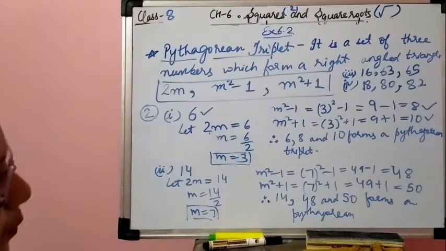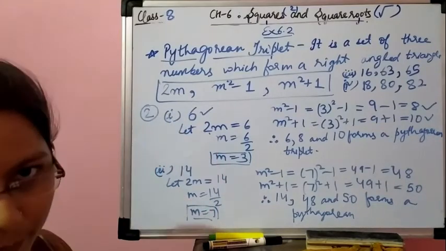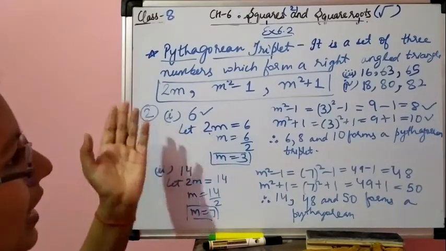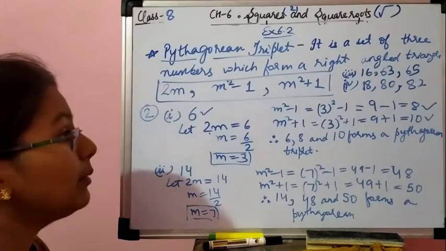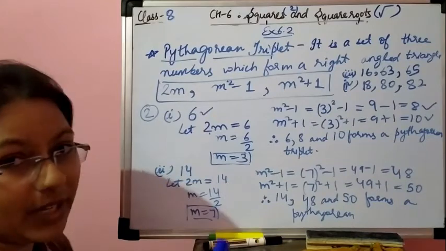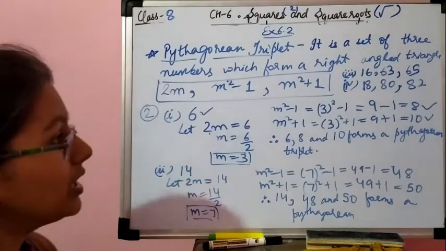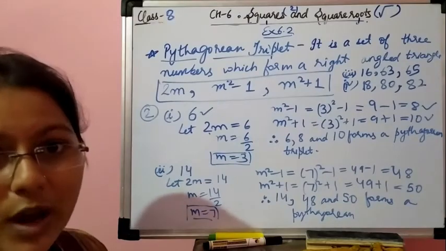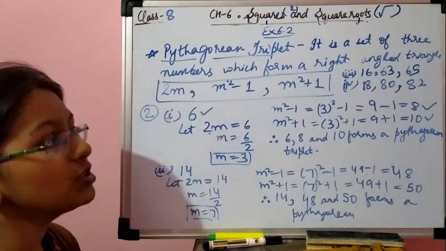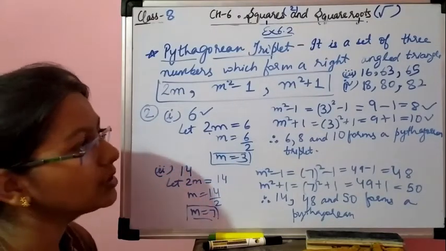Now in the question it was mentioned that this is one member. So it can be any of the members. Sometimes the question can be that this member is the smallest member of the Pythagorean triplet. So in this way we can have two answers and we have to choose the correct one. I will give you one example of this.